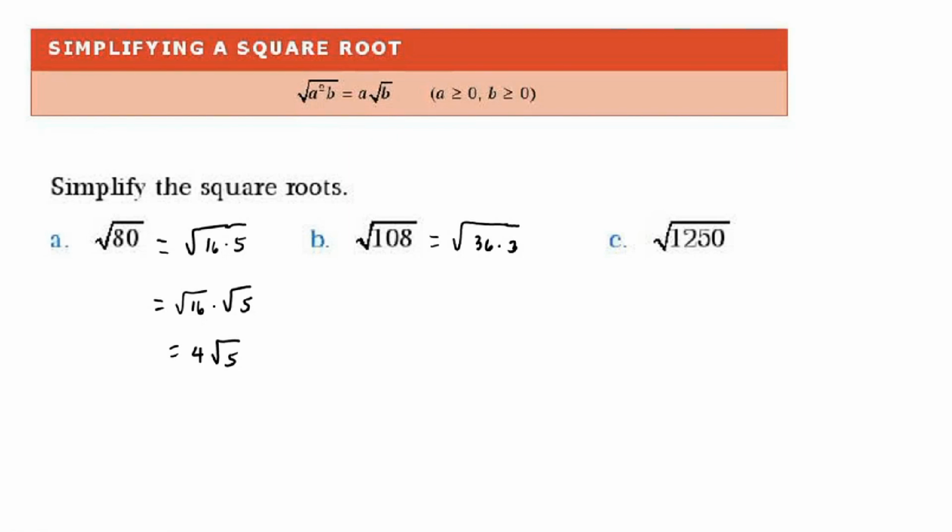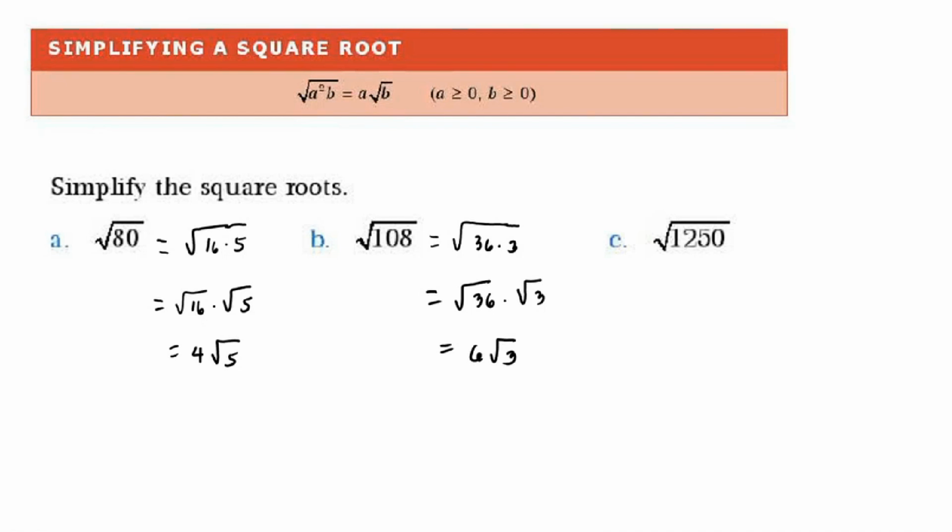The other one is a non-perfect square. So if we simplify that, square root of 36 times square root of 3. Square root of 36 is 6, so 6 square root of 3.